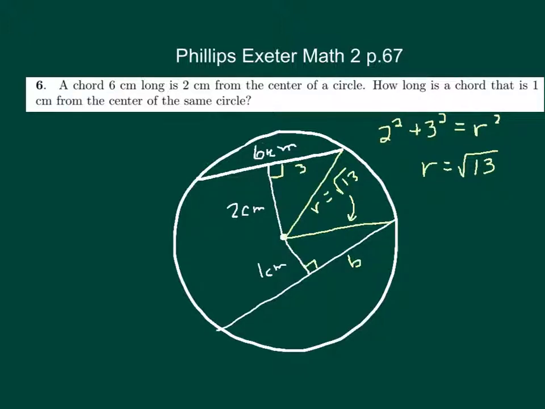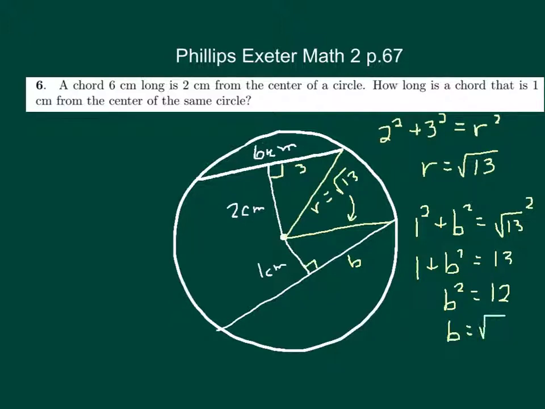So then we'll go 1 squared plus b squared equals root 13 squared. 1 plus b squared equals 13. b squared equals 12. So b equals root 12.